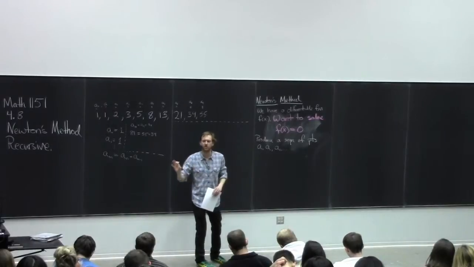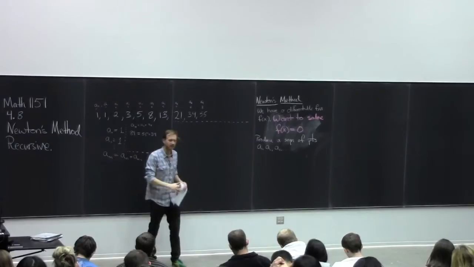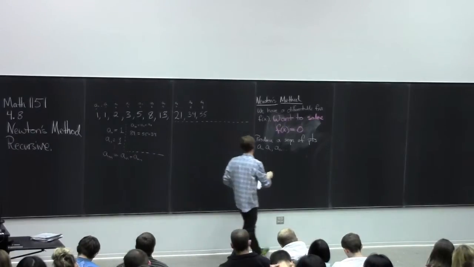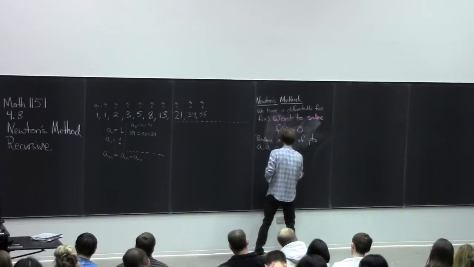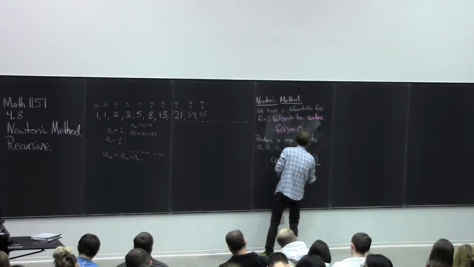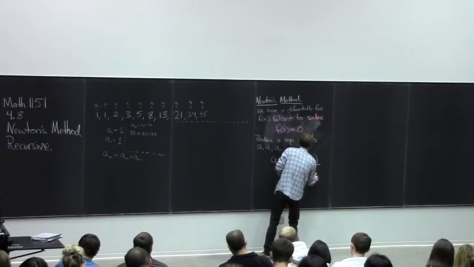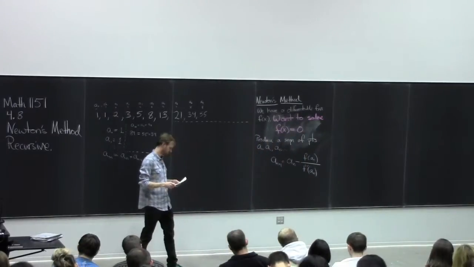And here's the form. It's via a recursive formula, just like the Fibonacci sequence. And here's the formula we use. A(n+1) equals A(n) minus f of A(n) over f prime of A(n).